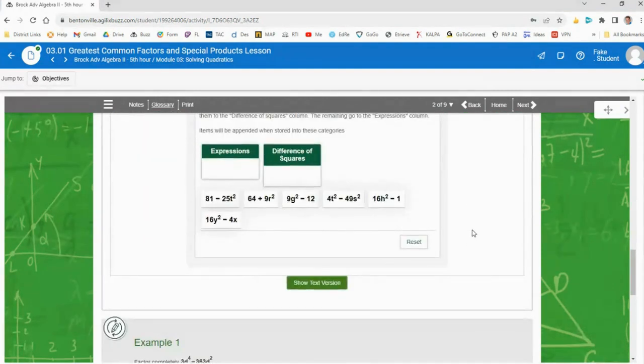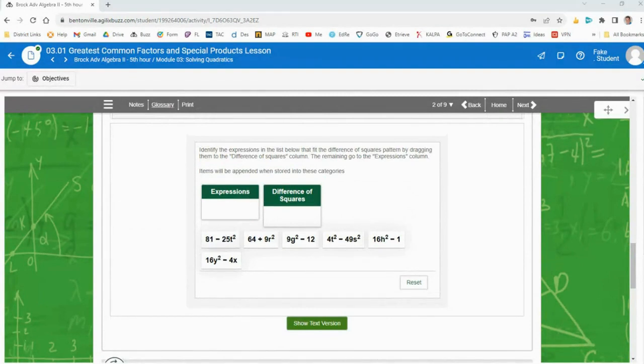All right, so with that, I'm going to turn the chat on so you can participate here. Which of these are difference of squares and which of these are just expressions? Let's look at this first one. 81 minus 25t squared.